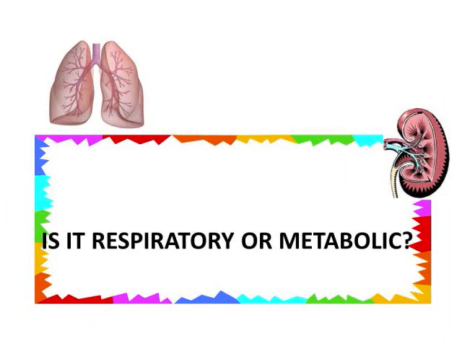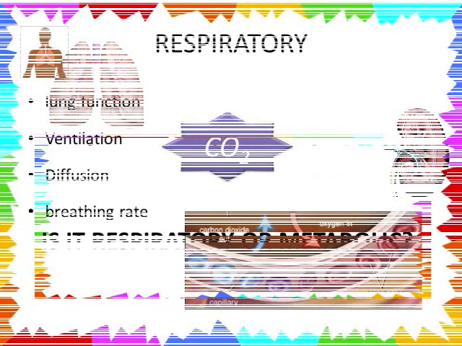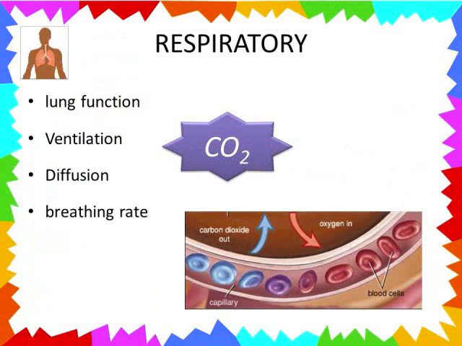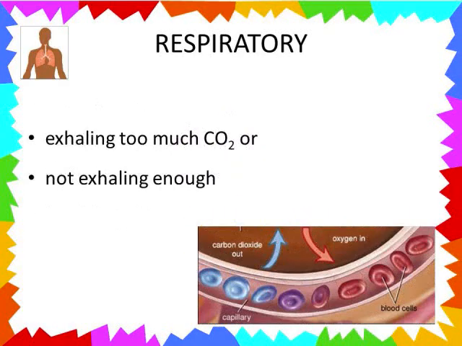The next question you ask is, is it respiratory or metabolic? A very simplistic explanation is that if it is associated with lung function, ventilation, diffusion, breathing rate, any of those, and it has to do with carbon dioxide, it's respiratory. So respiratory acidosis and respiratory alkalosis have to do with carbon dioxide being too high or too low.